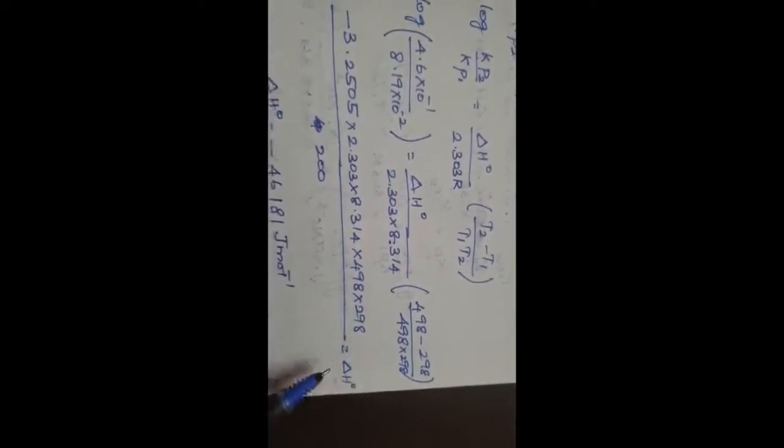The difference 498 minus 298 is 200, and this is equal to delta H0. Simplifying this value, we'll get minus 46,181.